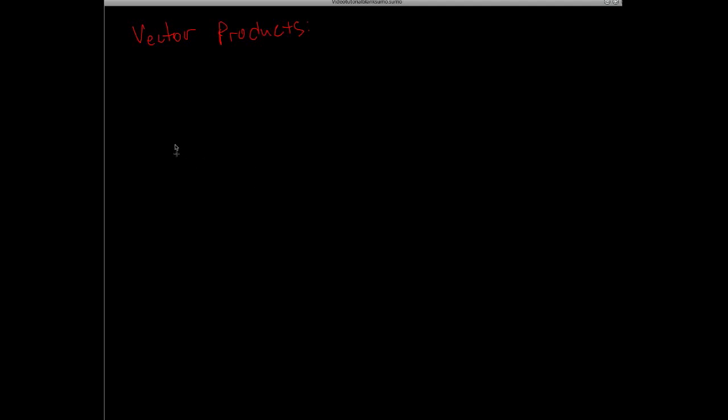So now let's talk vector products. These are also called cross products by the notation, because you've got vector A cross product vector B. When do we use this?